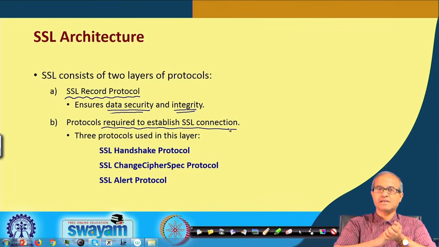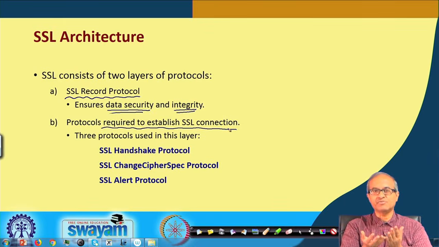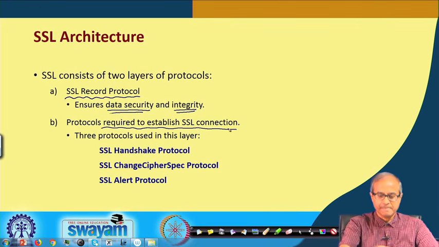But for SSL, such a connection is required of course, but in addition a number of other things are required, because here we are talking about data privacy and authentication. We need hash functions, encryption algorithms, and decryption algorithms. So, both parties must agree on which algorithm to use for encryption, for hash and everything. It is during this initial SSL connection phase that all these things are decided by the two parties.